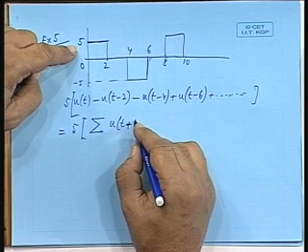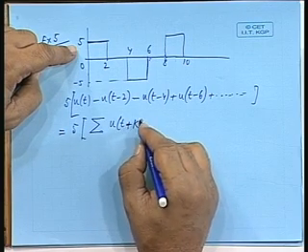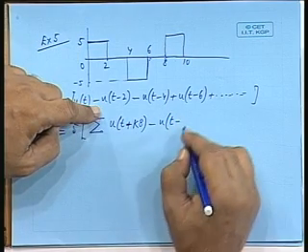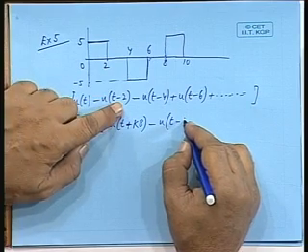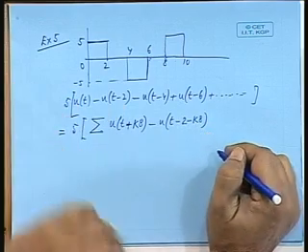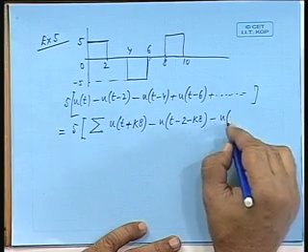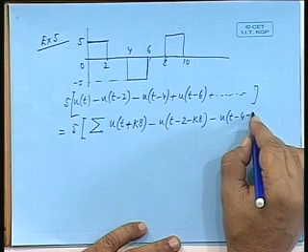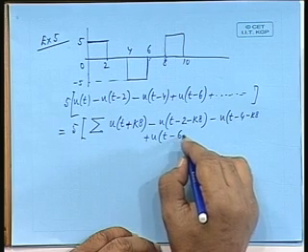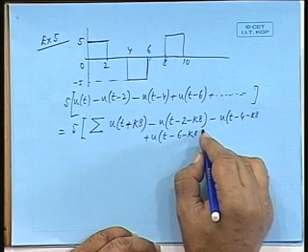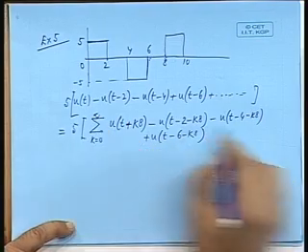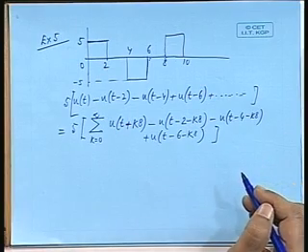So, u(t minus k8) minus u(t minus 2 minus k8), minus u(t minus 4 minus k8) plus u(t minus 6 minus k8), where k varies from 0 to infinity. This will be the representation of the periodic function.